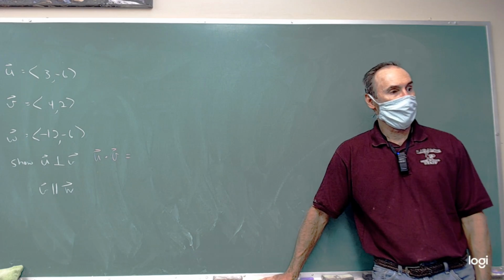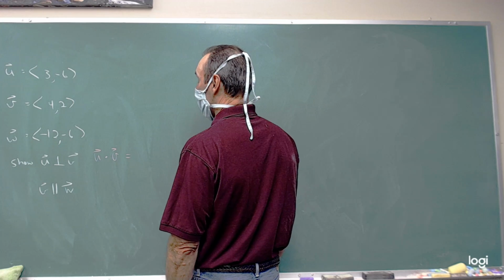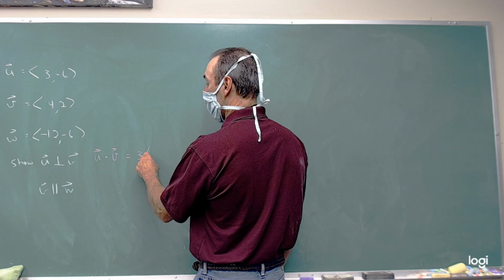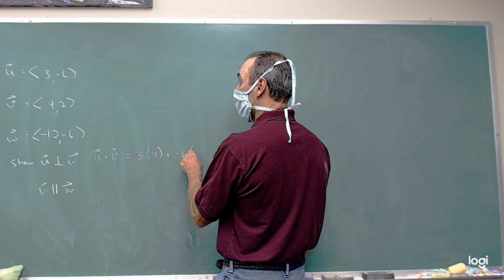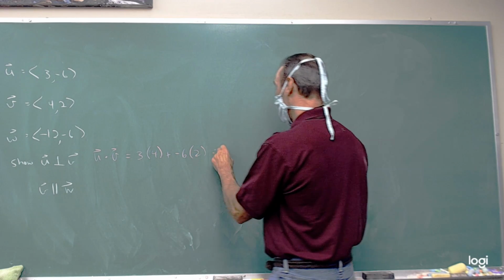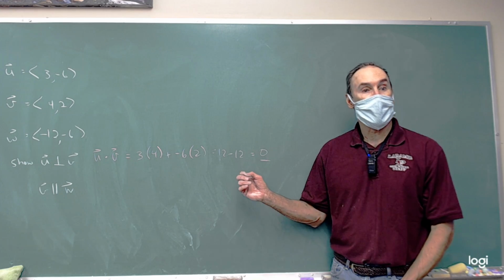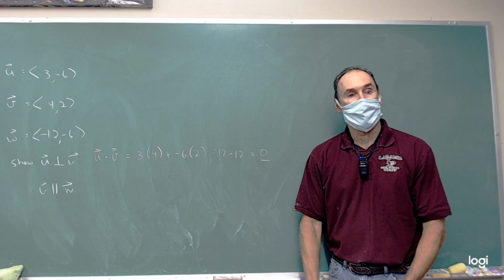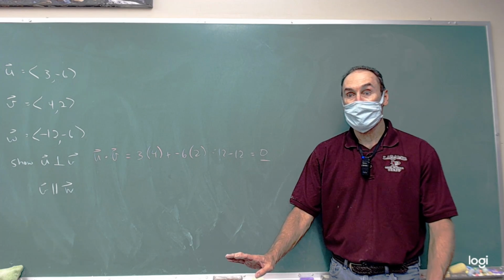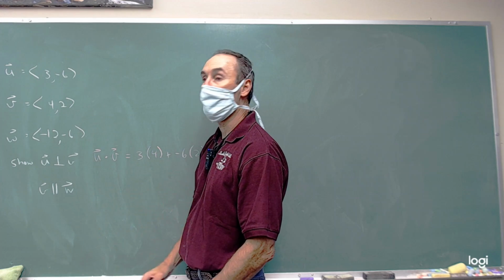Is that what you're thinking? Yep. I like the way you think. So that's going to be 3 times 4 plus negative 6 times 2. Since it's 0, we've shown it. So if we can show the dot product is 0, we have shown that those two vectors are perpendicular. We're done. Make sense? How do we show that they're parallel?